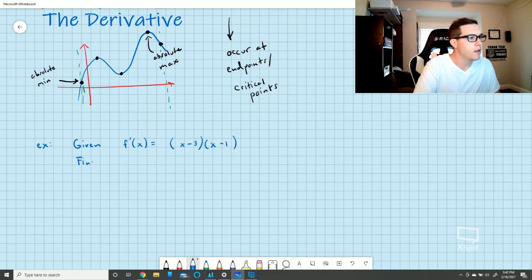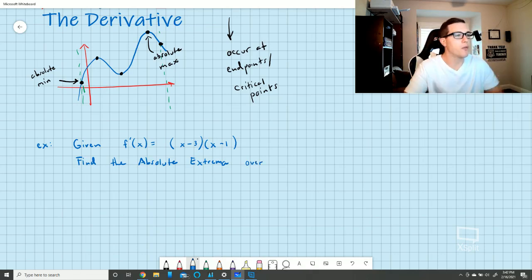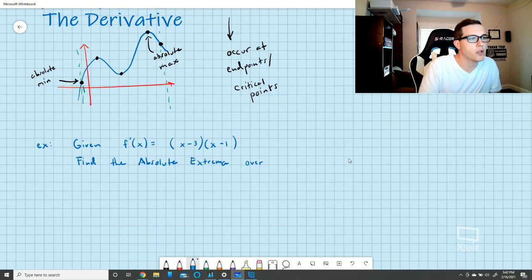Find the absolute extrema, or absolute max or min, over, and I have to give you an interval, otherwise it can keep going up and up, which this one does. Well, in one direction. Because it's a squared, so the original function is a cubic, which means it keeps going up. So I have to give you an interval. Let's go over the interval from -1 to 5.